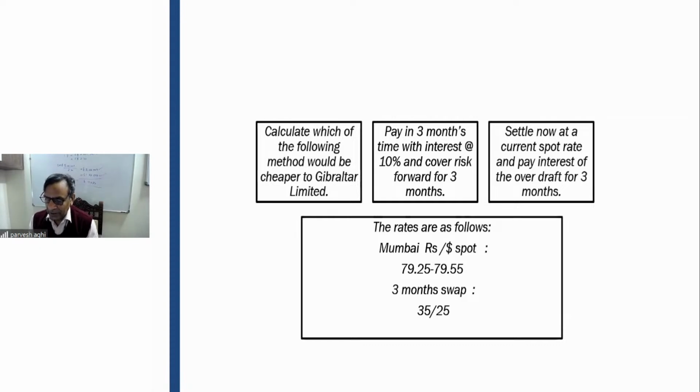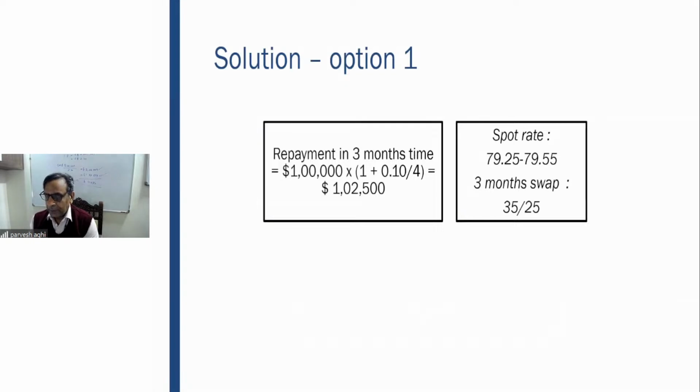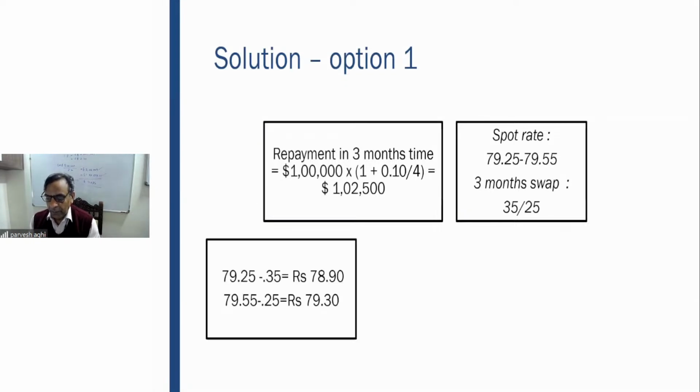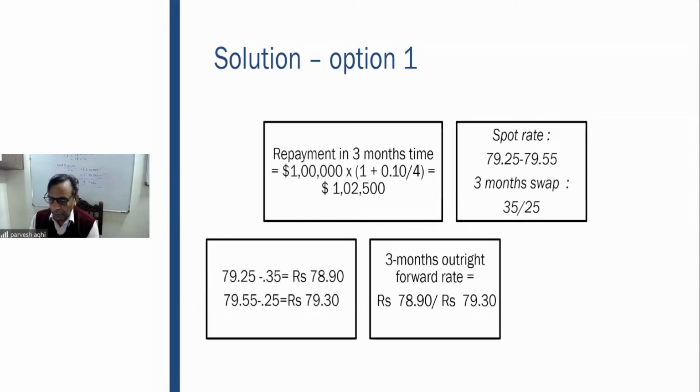The points are decreasing, so we will calculate the rate by minusing. So repayment in 3 months' time would be $1 lakh, adding 10% rate of interest for 3 months. So it comes to $1,02,500. The spot rate is given, and 3 months forward swap points are given, so we are going to calculate the forward rates.